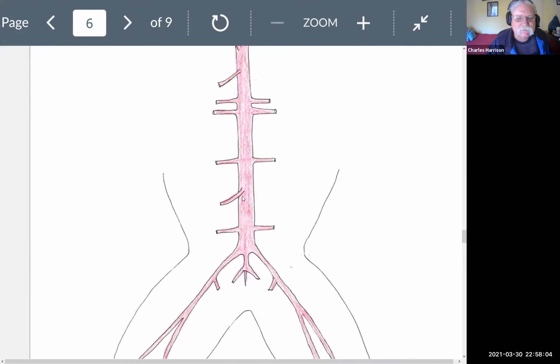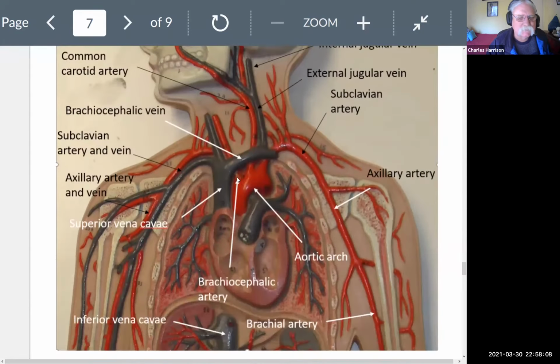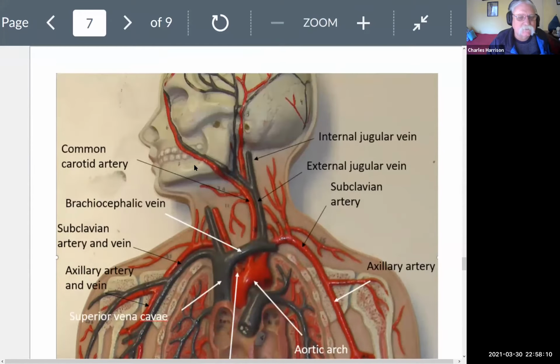A practice diagram. We call these flat man models. It could be a flat woman, but we've always thought of them as men for some reason, but they'd be the same.